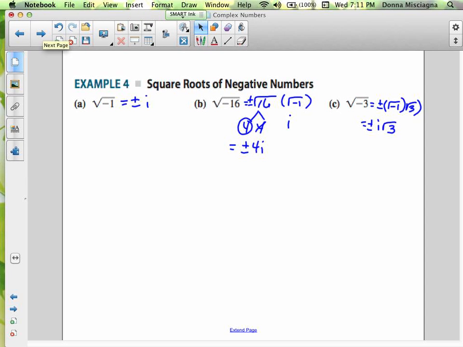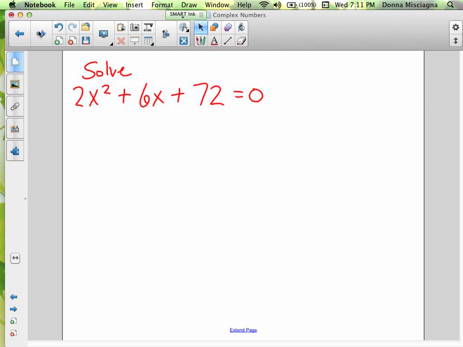Let's solve an equation where we are going to need to take the square root of a negative number. Solve 2x squared plus 6x plus 72 equals 0. Now let's use completing the square.